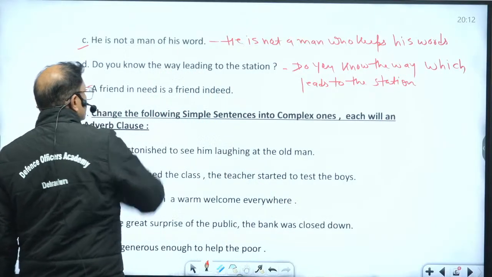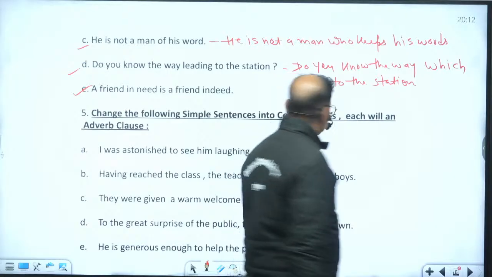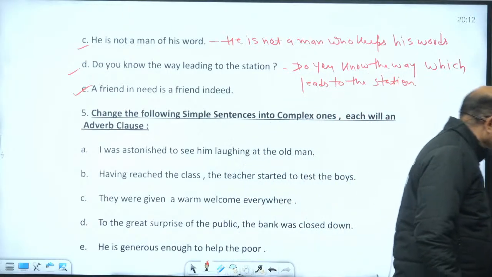A friend in need is a friend indeed. The last one in this one.